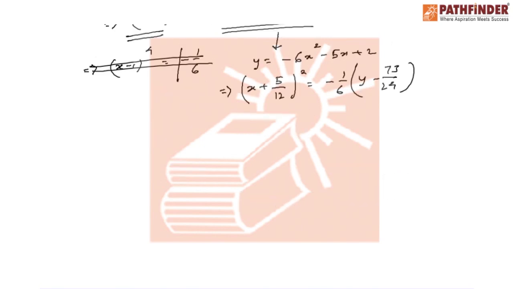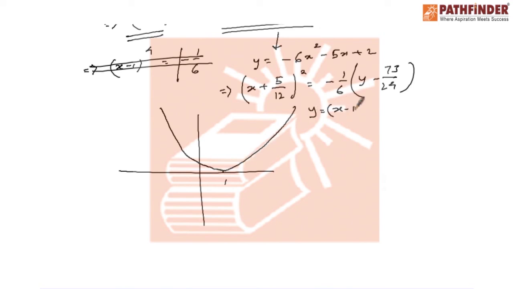So the graph of these two curves will look like this. (x−1)⁴=y will give you y=0 when x=1, and it is obviously an upward concave curve. So this is the graph of y=(x−1)⁴, and also from this parabola we have the vertex at (−5/12, 73/24), of course somewhere here, and it is a downward concave parabola.